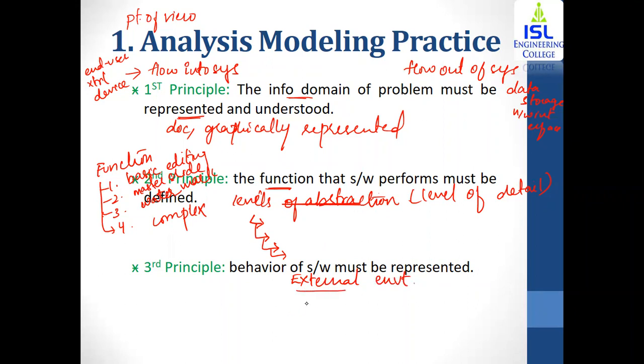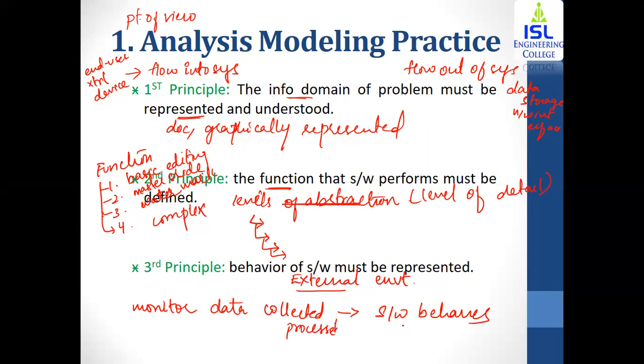This can be done by monitoring all the data that is collected, and you need to identify how the software behaves. Within the third principle, each thing, that is how data is being stored, how data is being processed, how it is stored, all these things need to be identified.